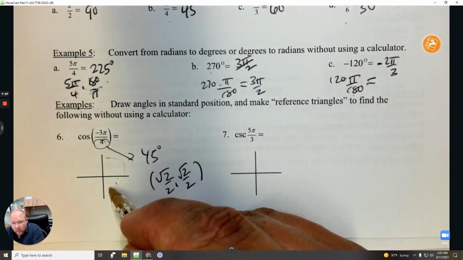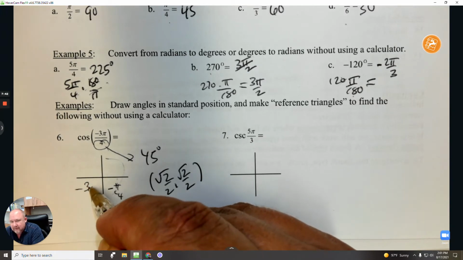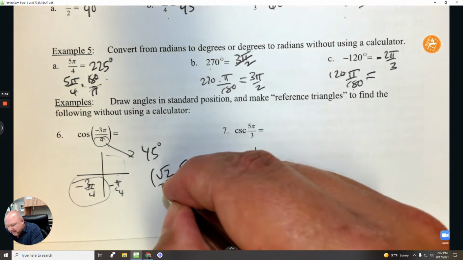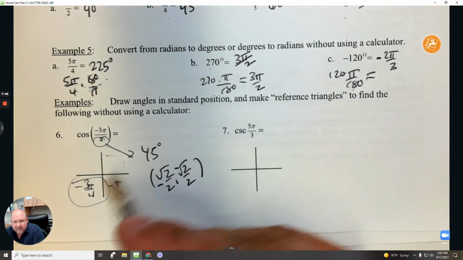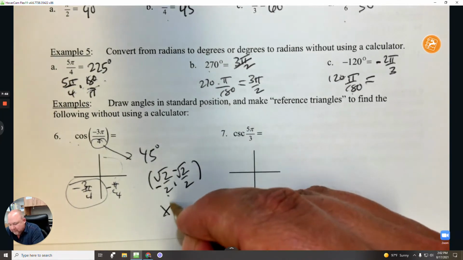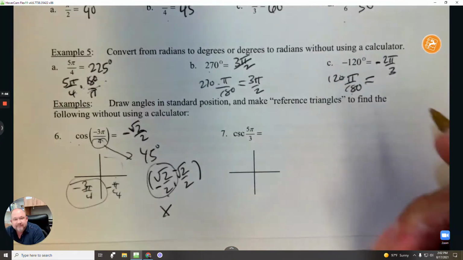So negative 1 pi over 4 would be here. Negative 3 pi over 4 would end up in this quadrant. So that means the x and the y are both negative. Cosine is the x coordinate, and the answer is negative root 2 over 2.